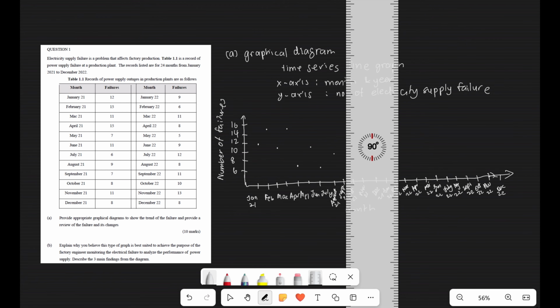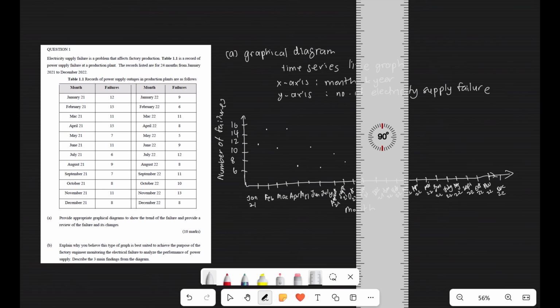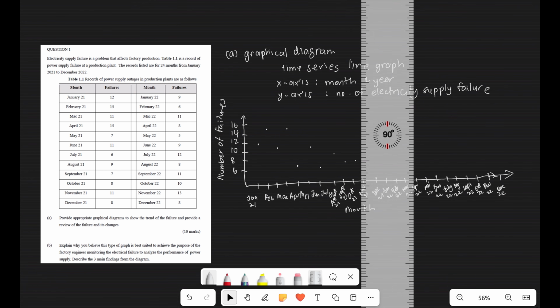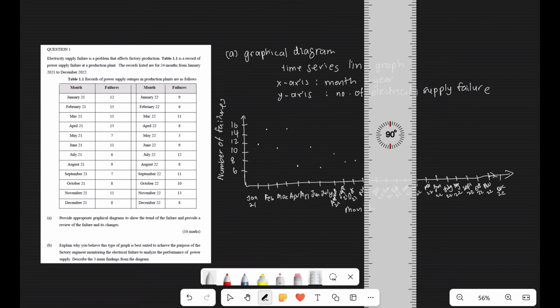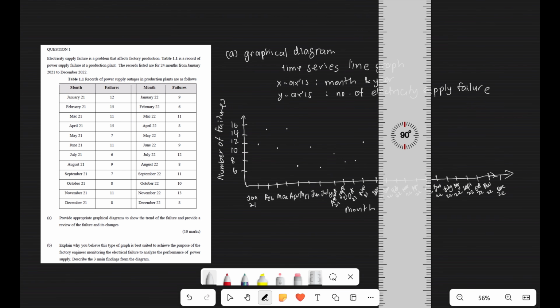September is 7. October is 8. November is 11. December is 8.